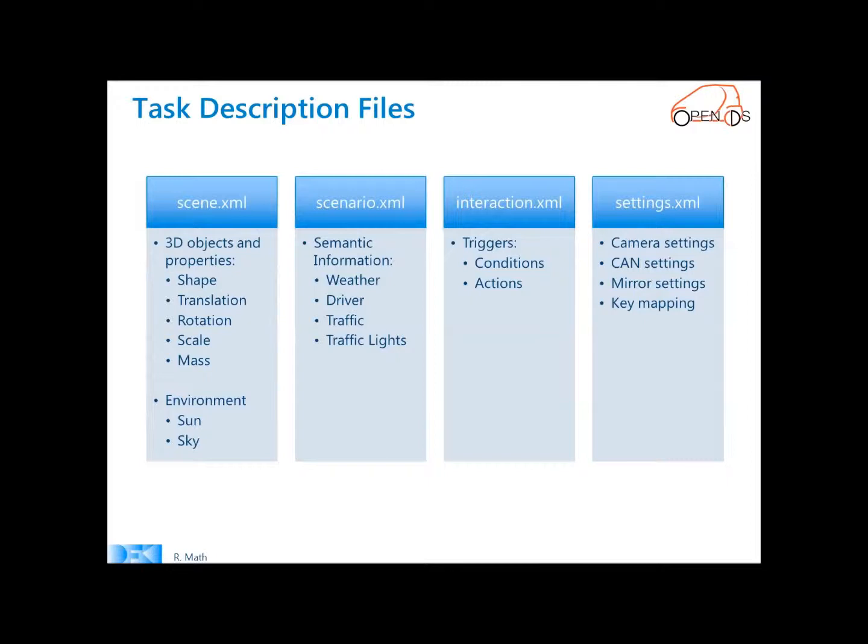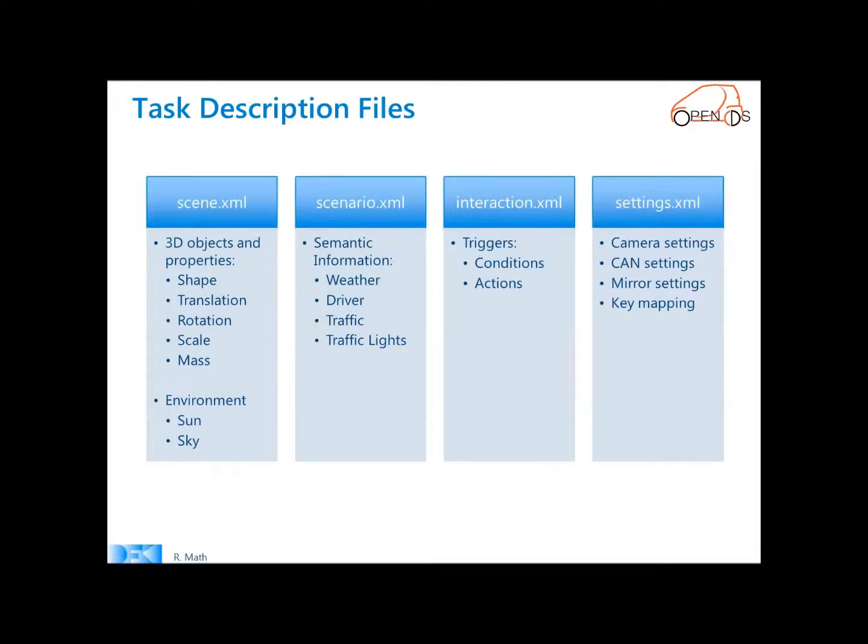You can assign masses if you have physical objects that may fall down or move in any way. You can here set up the sky texture and some other performance parameters, for example, the shadow rendering and other settings.